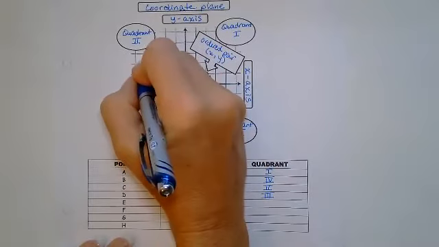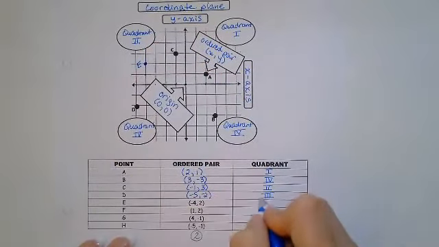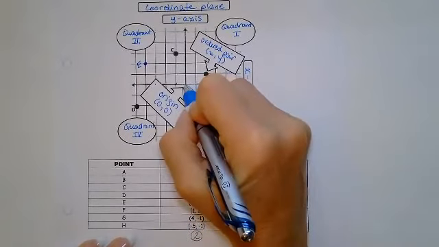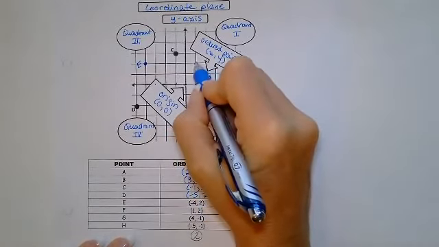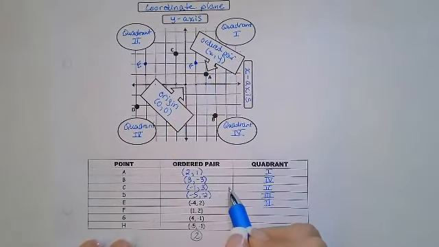That is point E. And it's in quadrant 2. Okay, next ordered pair is 1, 2. Start at my origin, I go across 1 and up 2. So that is point F. And it's in quadrant 1.